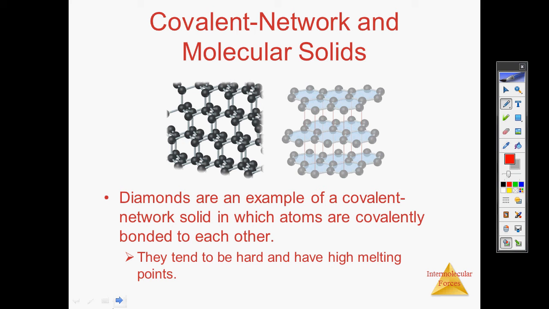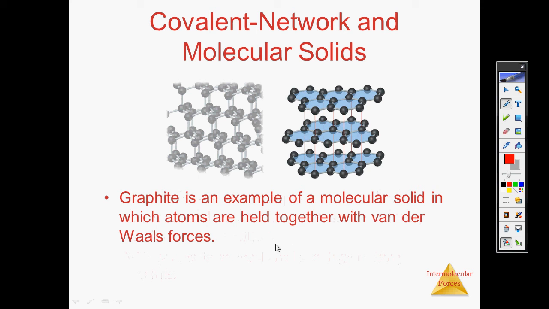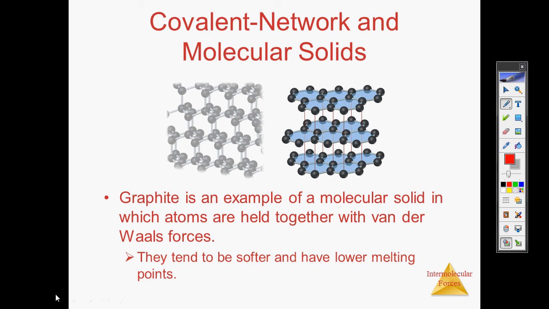So diamonds are found under pressure; the weight of the earth packs them in. Graphite is just in sheets. They're not formed under high pressure, so they're much easier to hold together, and they're held together with van der Waals forces. They tend to be softer and have lower melting points.